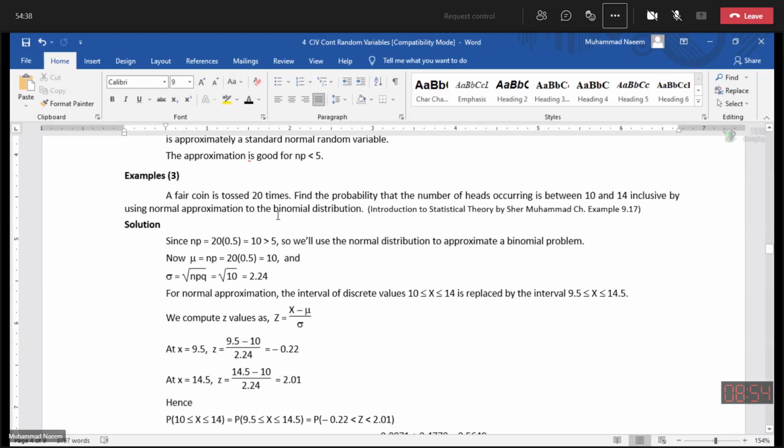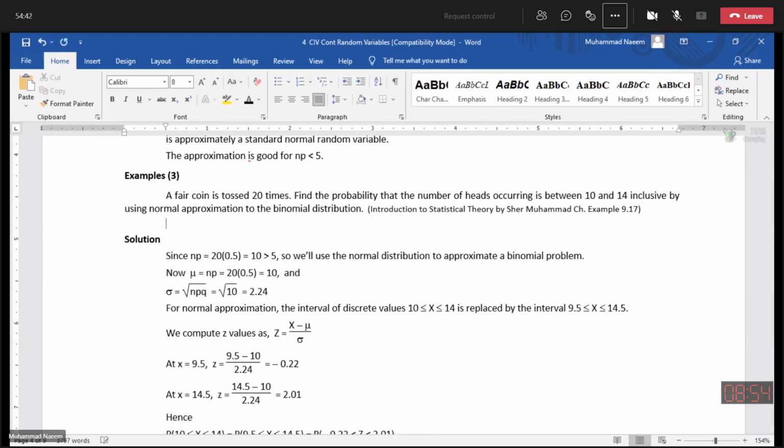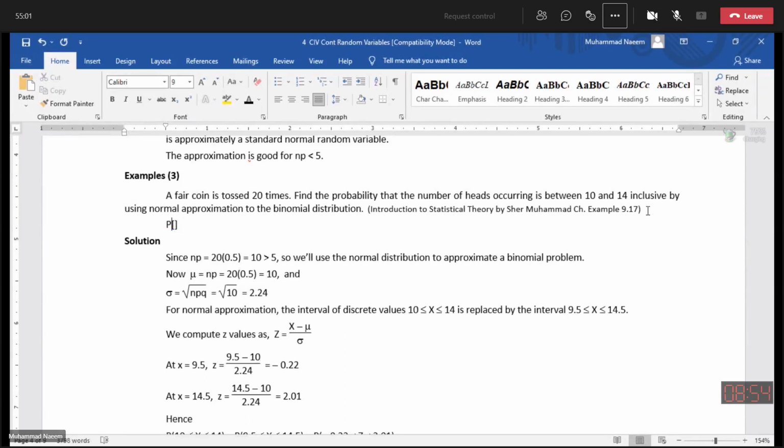If we calculate this problem with the help of binomial probability distribution, calculate this probability for x equal to 10 plus probability for x equal to 11 plus probability for x equal to 12 plus probability for x equal to 13 plus probability for x equal to 14, because endpoints are inclusive.